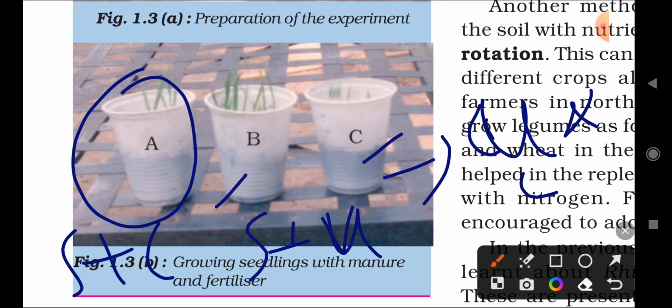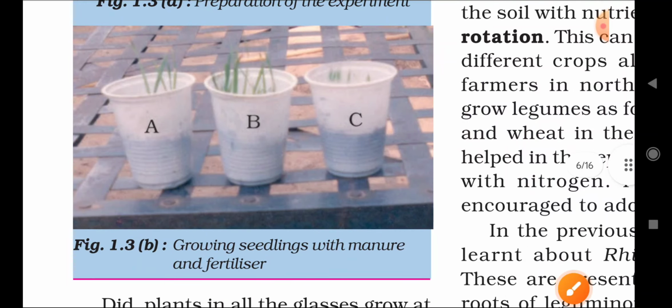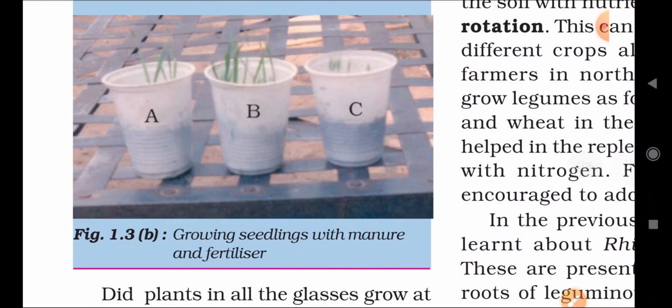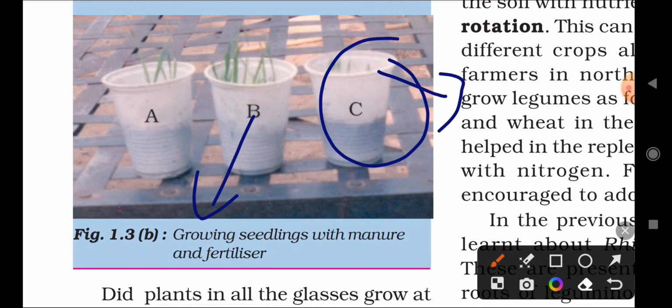In which case does the plant grow easily? In A the plant will grow healthy, B will grow faster, and at the least in the case of only water, in C.